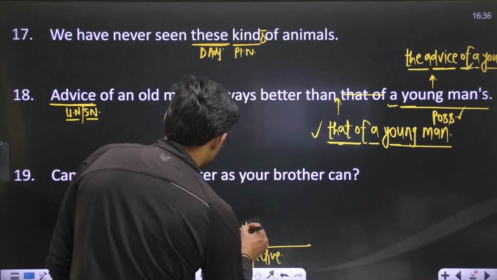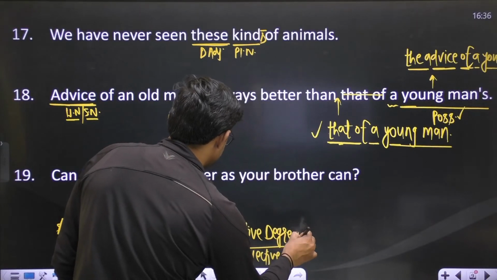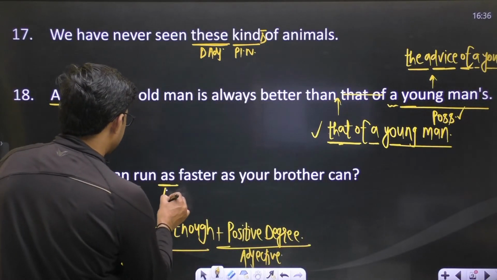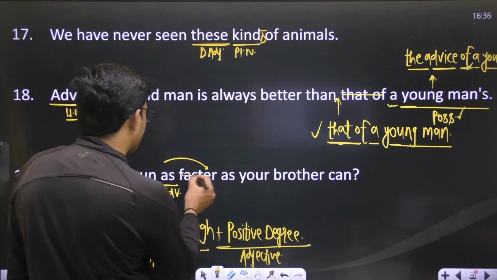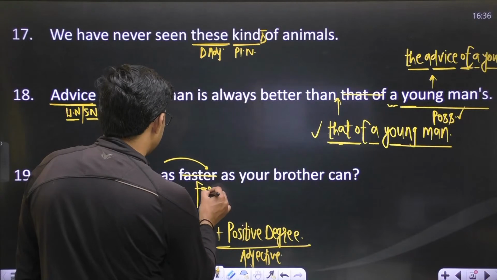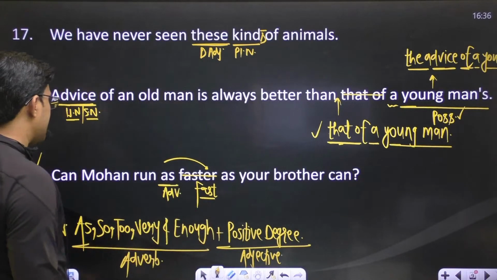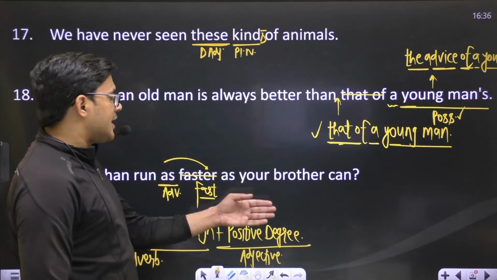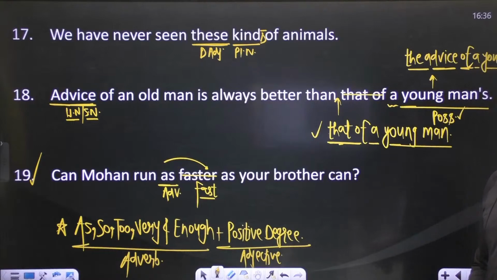So after this adverb we use an adjective or adverb of positive degree, which will be fast. The sentence will be: can Mohan run as fast as your brother can. Now the sentence is okay. Move to the next sentence.